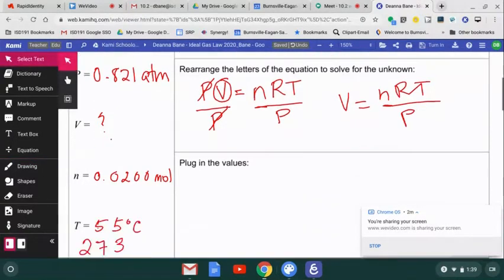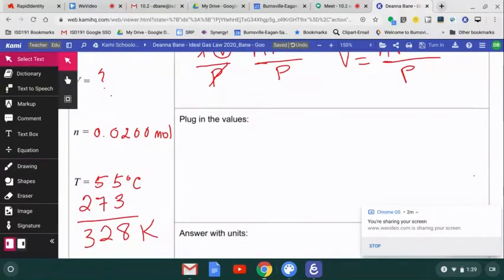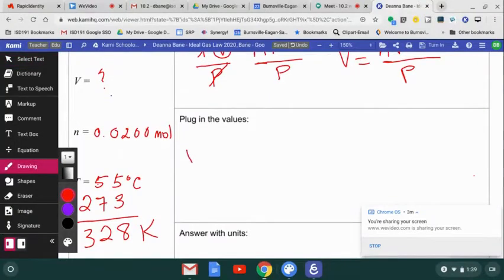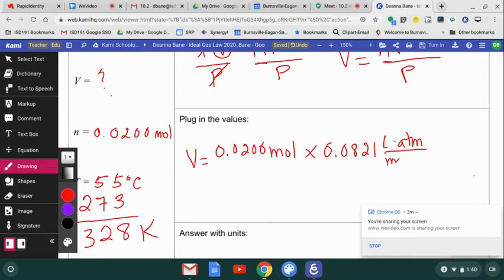The next step then is to just plug in the values from our list here on the left. So V is equal to 0.0200 moles. That's our N, times R, 0.0821 liters times atmospheres over moles Kelvin.